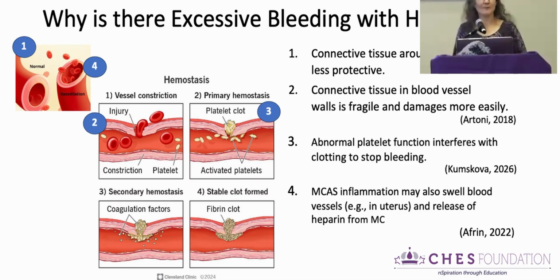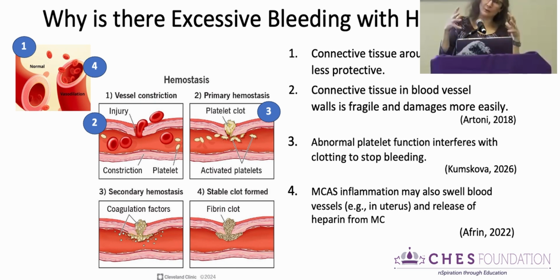We also have abnormal platelet function. There's collagen involved in that platelet cascade, so we have abnormal platelet clotting, which, as you know, is part of what stops bleeding once you start bleeding. And then mast cell activation, because it's an inflammatory process. You can imagine your sinuses getting swollen.